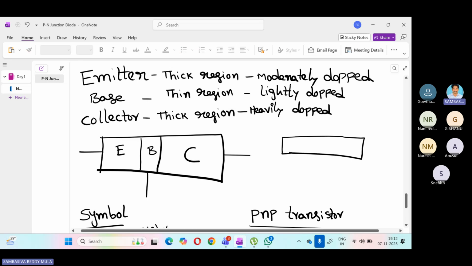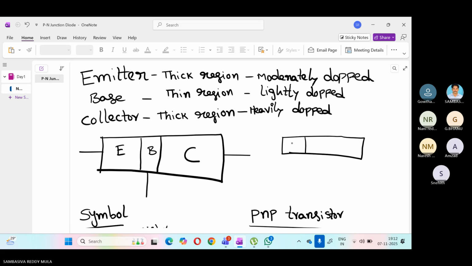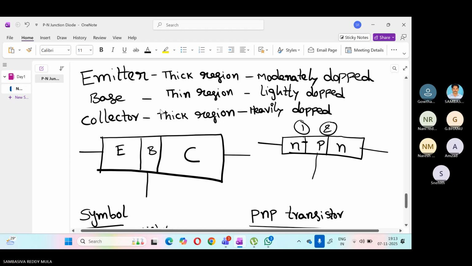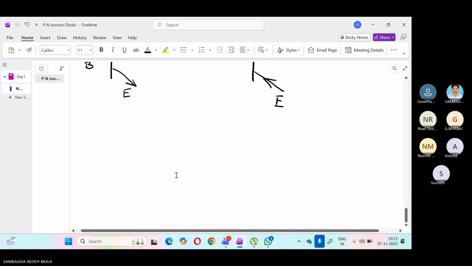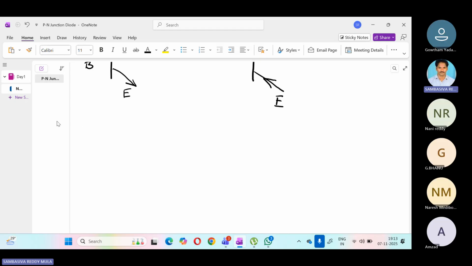How many configurations? Those are three.